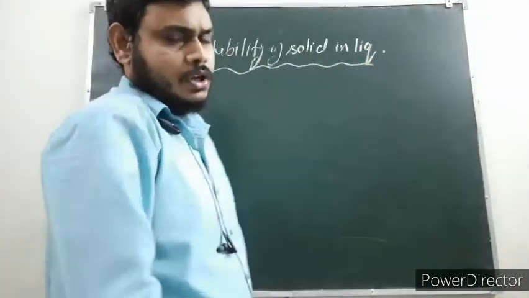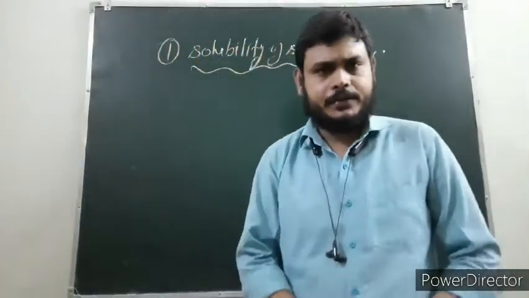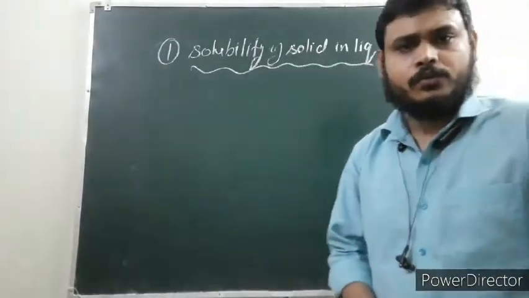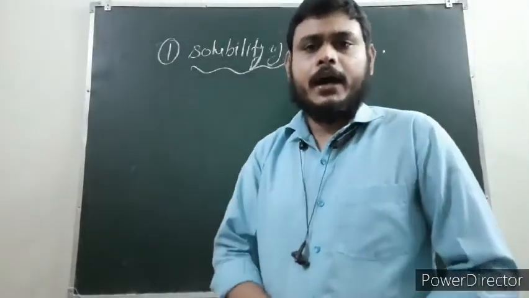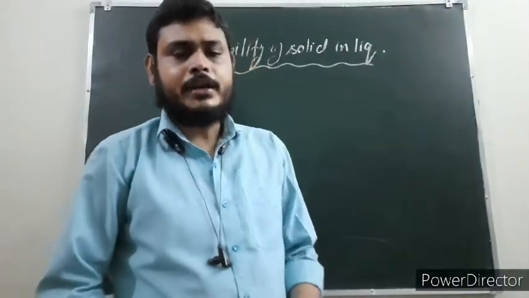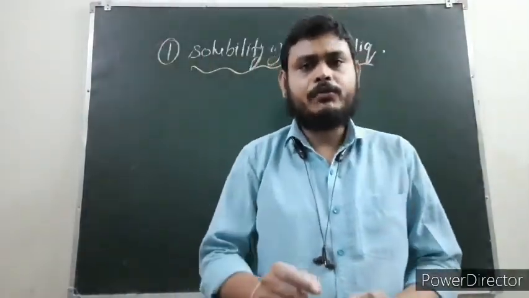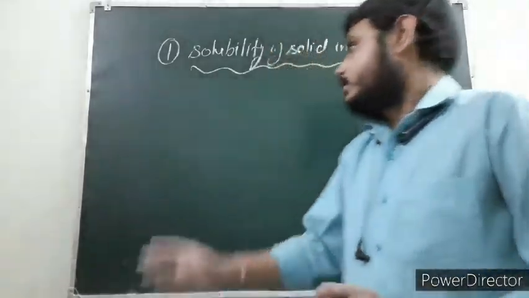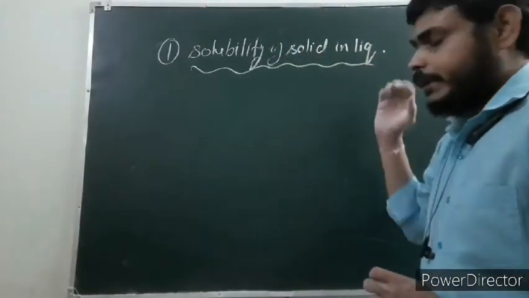How to define the solubility of solid in liquid? The maximum amount of solute that can be dissolved in 100 gram of solvent to form a saturated solution at a particular temperature is called solubility of solid in liquid.